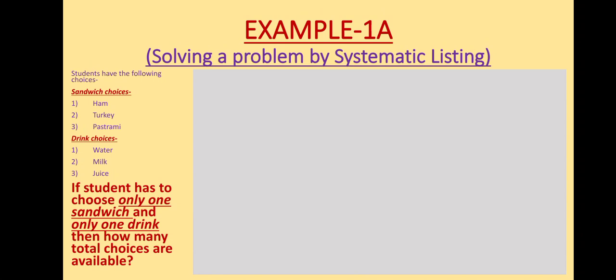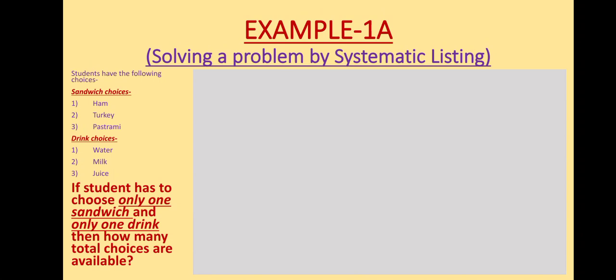So our question is, if a student has to choose only one sandwich and one drink, then how many total choices are available? So here you should remember that a student can choose only one sandwich and one drink at a time.